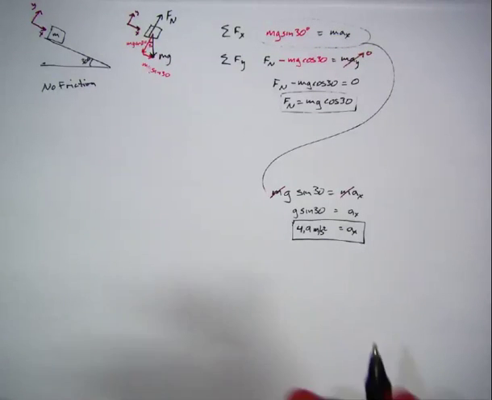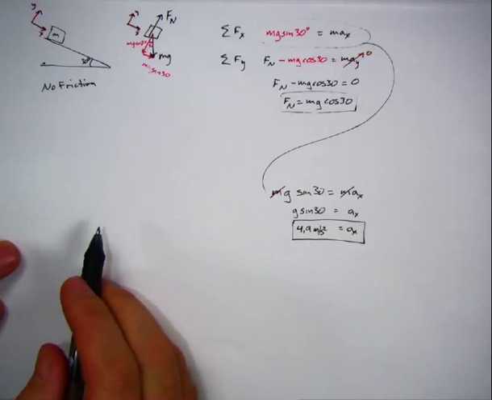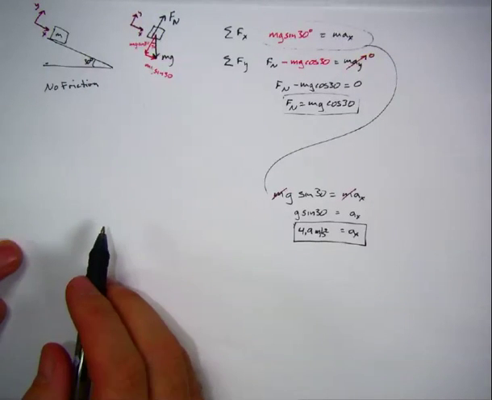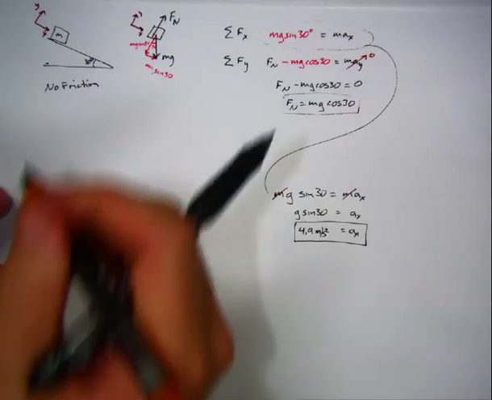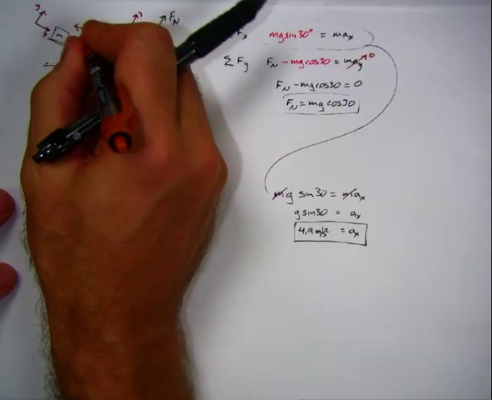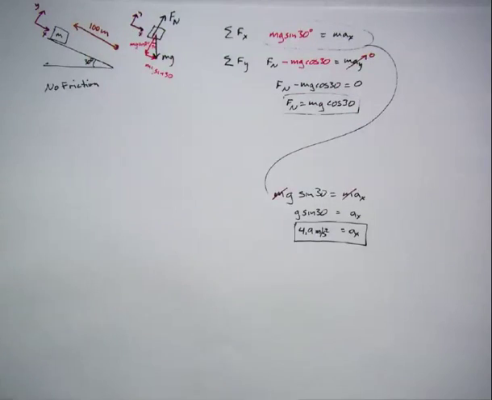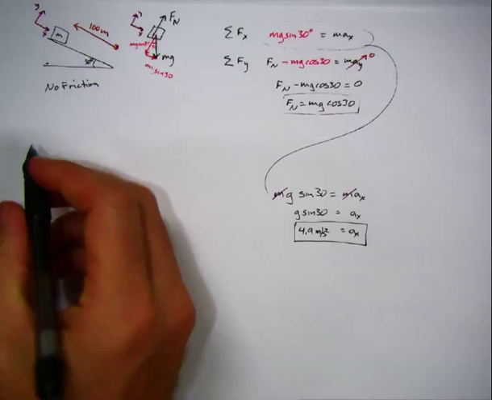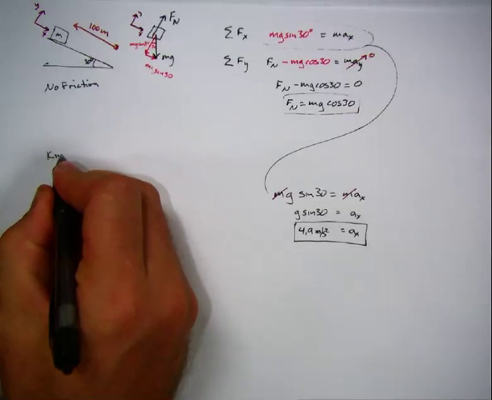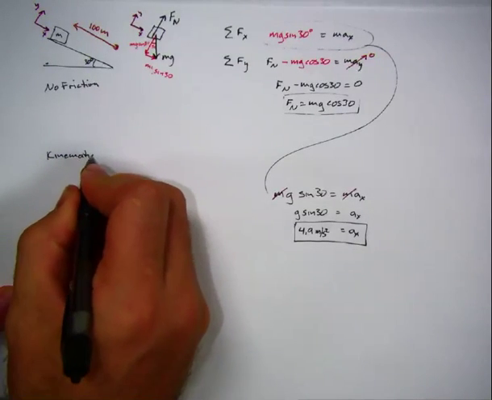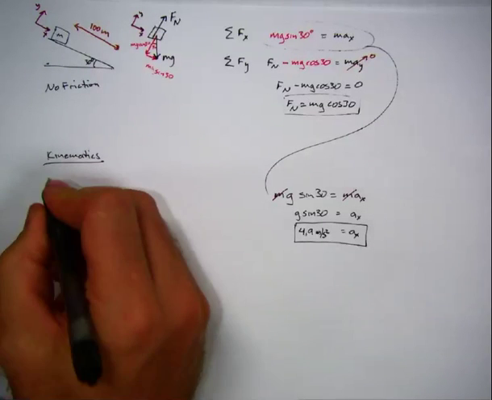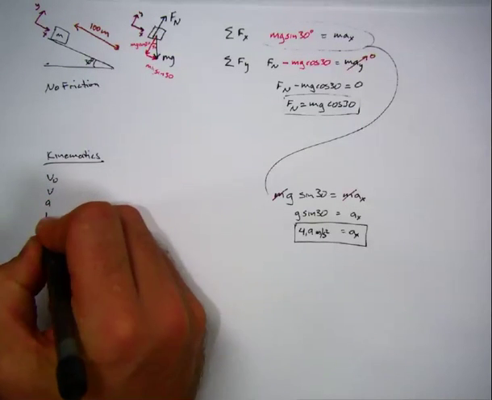Now we can ask any sort of kinematic question. We know the acceleration of this thing. Let's imagine that this hill is 100 meters long, and it starts at rest. So let's do a kinematics problem. Let's say that we have v0, v, a, t, and delta x.